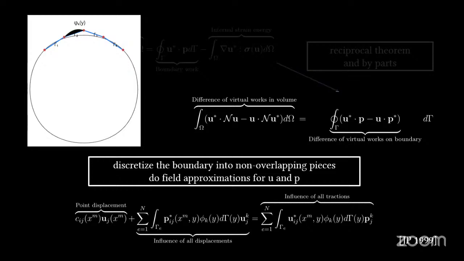The main insight over here is, you think you have this circular boundary for the object for a minute, and you want to discretize the boundary into all of these small pieces, and then you will do some kind of approximations for the u and p, the traction, and for the u and p solutions that we got earlier, and then we should be able to make this work for the entire volume instead of individual points.